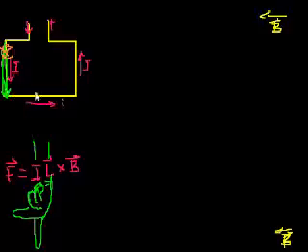Now what about this segment of the wire? Well, think about it. This segment of the wire, the L vector, is parallel to the magnetic field, just in the opposite direction. And so when you take the cross product, remember the cross product is you're multiplying the magnitudes of the vectors that are perpendicular to each other.